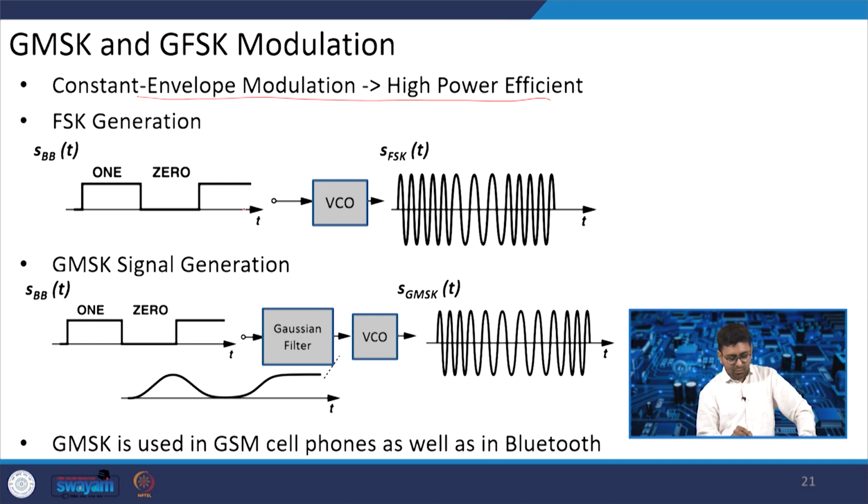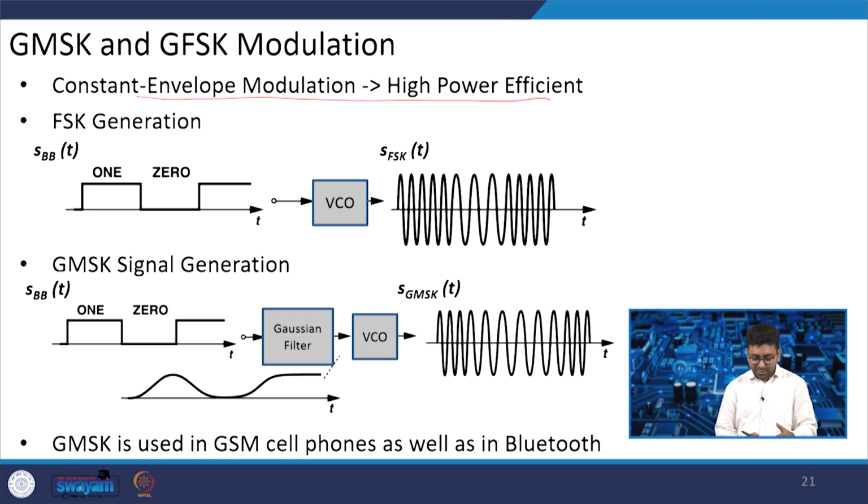If you just change the baseband voltage, you will get the FSK signal. Now in the GMSK filter, what we are trying to do, as we have seen in ISI, is that we are not making a sharp transition of the amplitude.